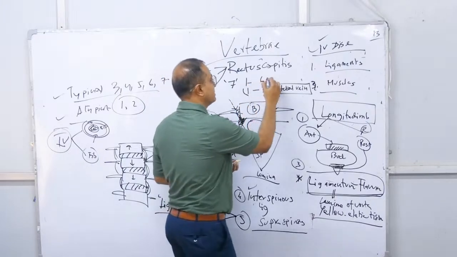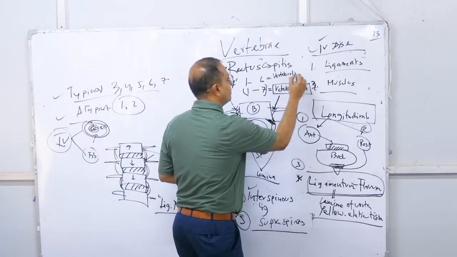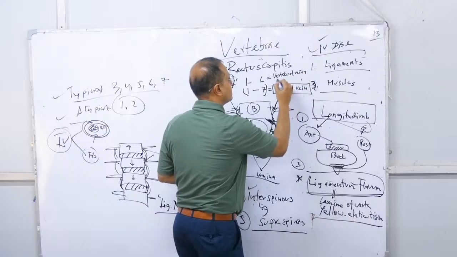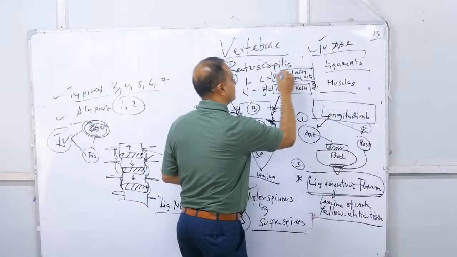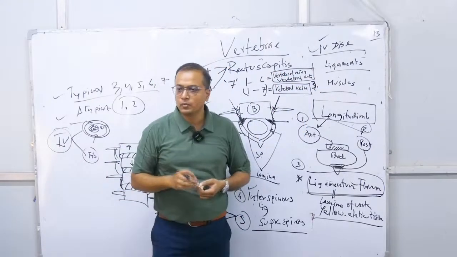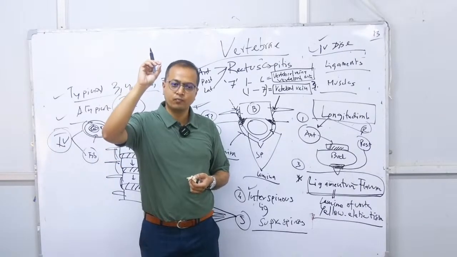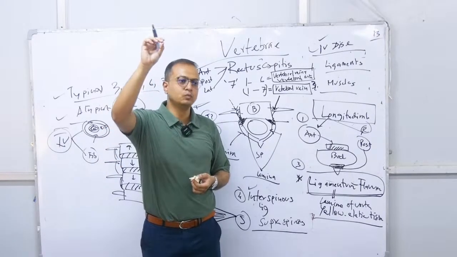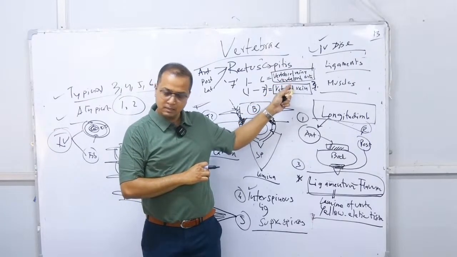Between 1 to 6, it is the vertebral vein plus the vertebral artery. So between 6, 5, 4, 3, 2, 1, we have vertebral vessels.